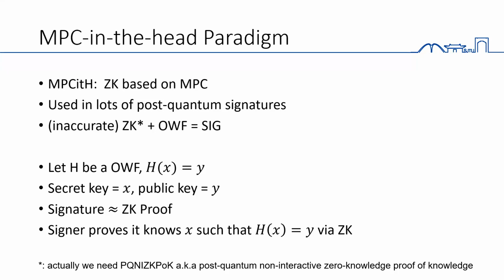Let H be a one-way function, we sample a random input X and compute the output Y. So the secret key of the signature scheme is X, and the public key is Y. And the signature is roughly the zero-knowledge proof. The signer proves it knows a secret X such that H of X is Y by zero-knowledge proof.